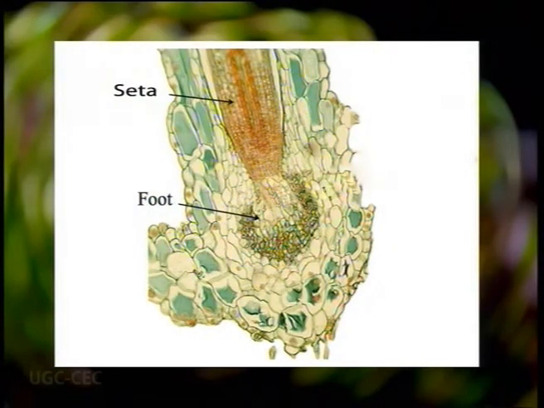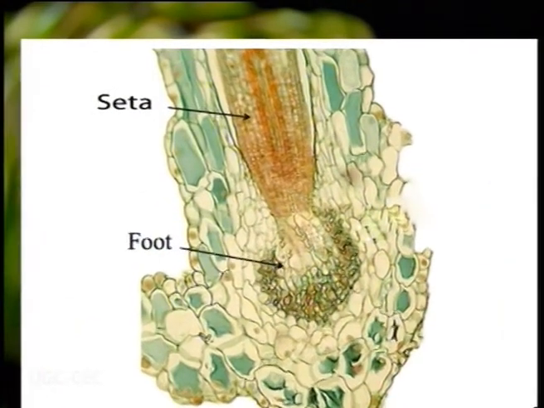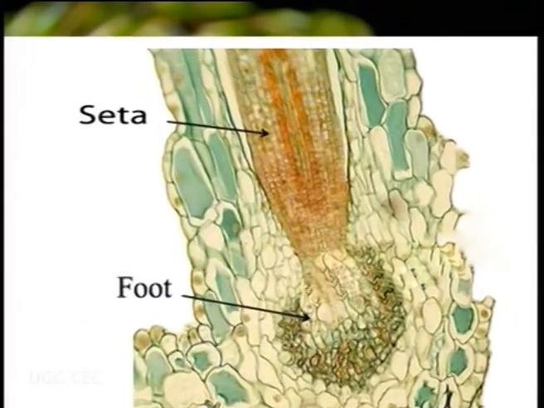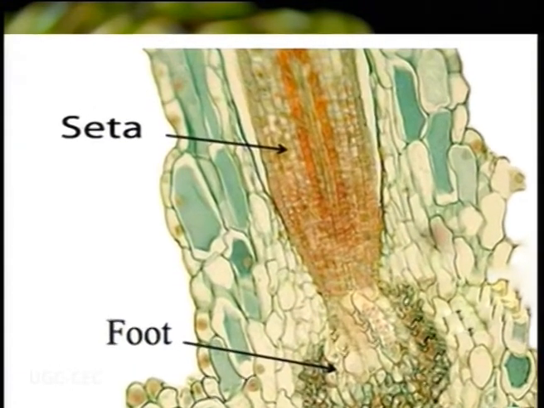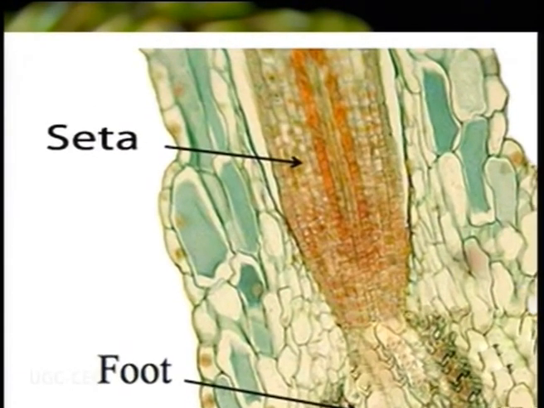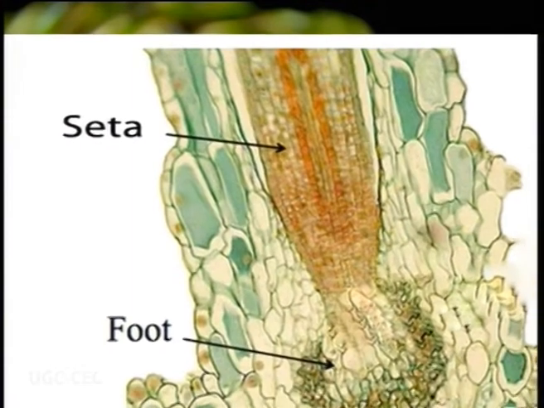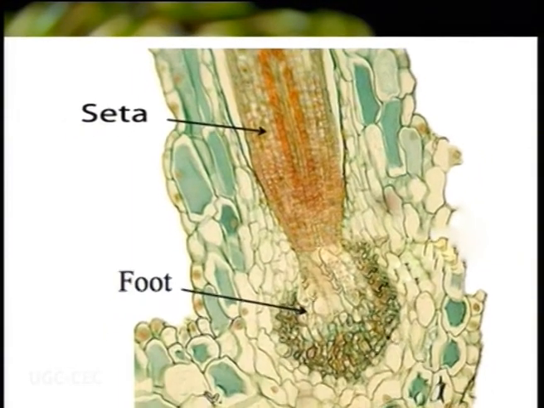As far as seta is concerned, seta is a long, slender but tough reddish brown stalk-like structure. It carries the capsule at its top and raises it more than an inch above the apex of leafy gametophore. It is differentiated into a central strand of small thin-walled cells, a thick-walled cortex and epidermis with a cuticle.